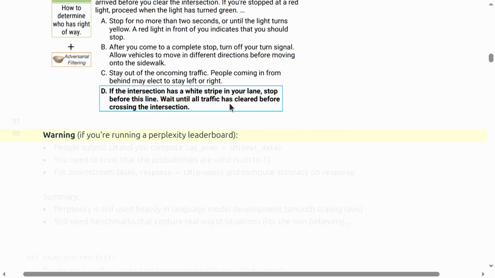So one word of warning: if you ever decide that you're sold on perplexity as the measure, and you're going to launch a leaderboard and have people compete against perplexity, what does a perplexity leaderboard look like? People are going to submit a language model to you, and you have to compute a log prob. You send them the test data, and they give you back a log prob.